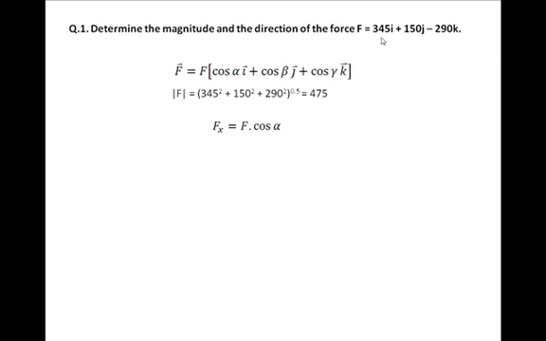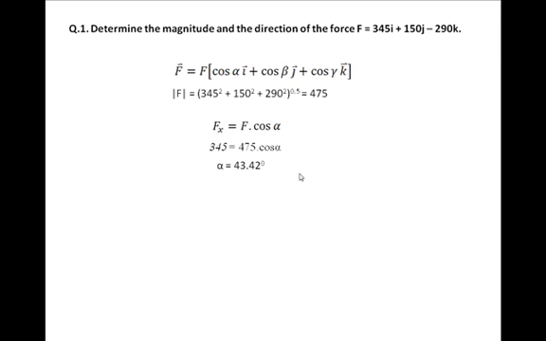Because Fx, that is the x component, is F cos alpha, and the value of F is known, 475, and Fx is 345, we can easily get alpha, which is the inclination of this force with the x-axis.